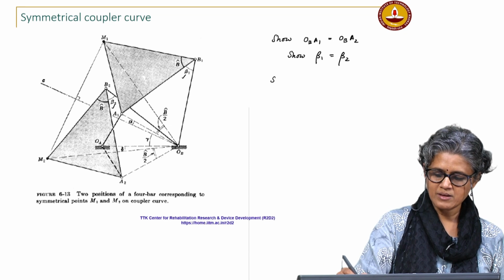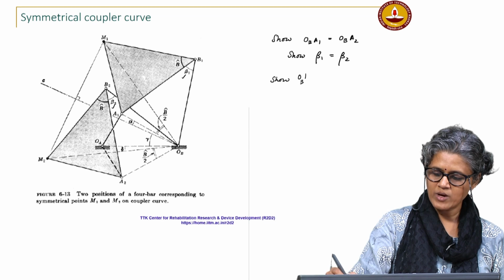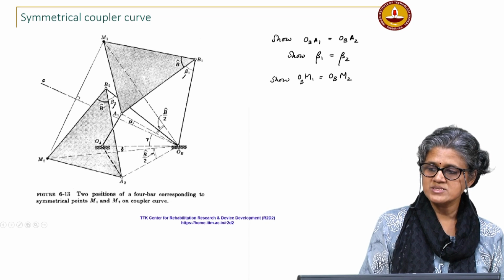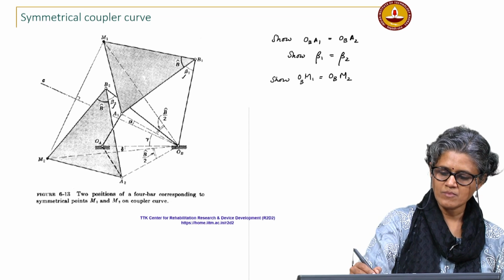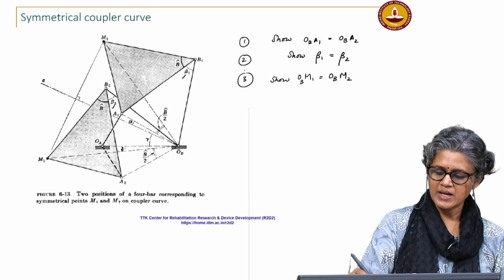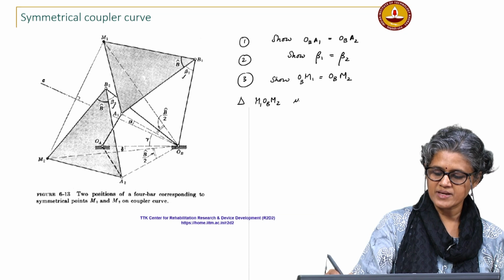Then from there I show OB M1 equal to OB M2. Once I show that, triangle M1 OB M2 is an isosceles triangle.